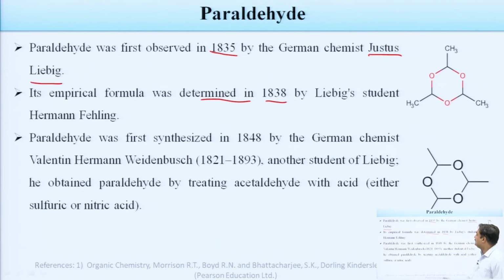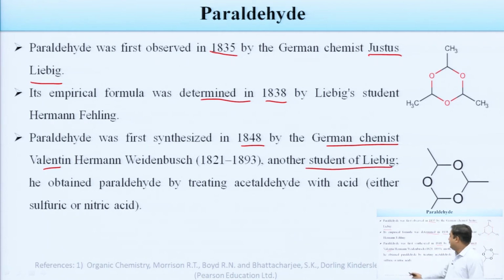Paraldehyde was first synthesized in 1848 by the German chemist Valentin Hermann Wiedenbusch, another student of Liebig. He obtained paraldehyde by treating acetaldehyde with acid, either sulfuric or nitric acid. So, you see that it is the team of Justus Liebig which focused on paraldehyde-related discovery.